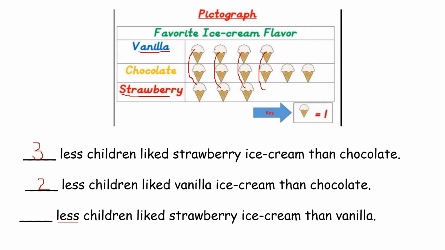So how many we have missing? We have 1 ice cream missing. So therefore, you have 1 less child liking strawberry than vanilla. So when we are doing less, we are looking at the one that is missing. Okay?